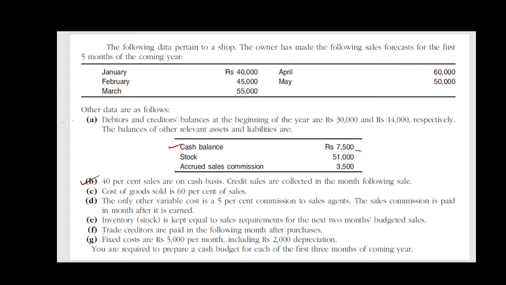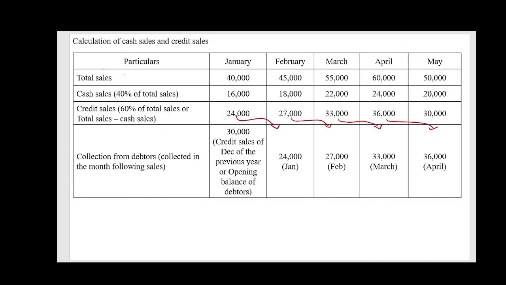Refer adjustment number B. 40% sales are on cash basis. Credit sales are collected in the month following sales. So we have calculated the credit sales, right? And we have found out what will be the collection. So refer to this particular table.